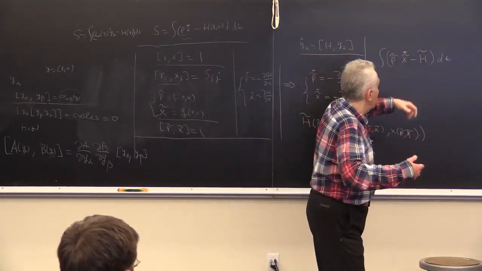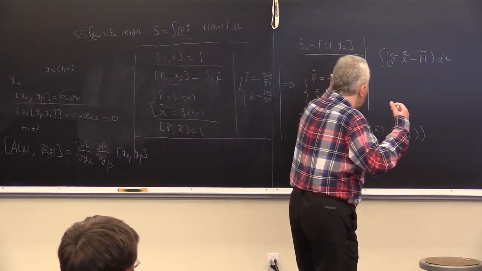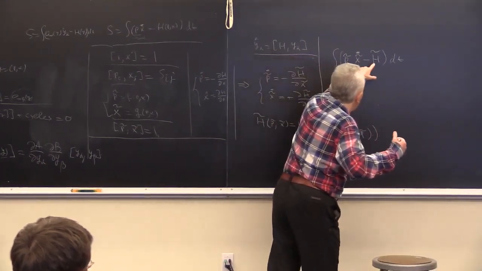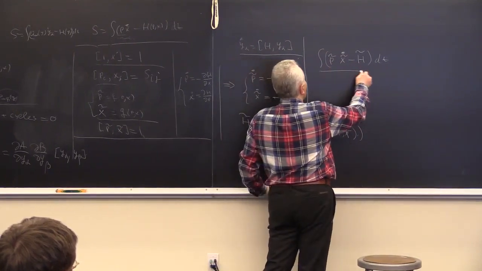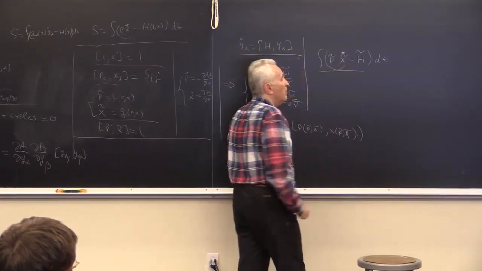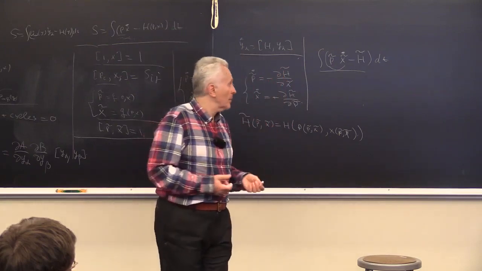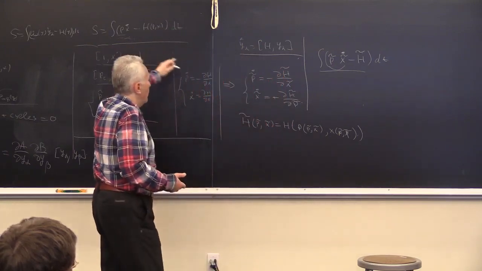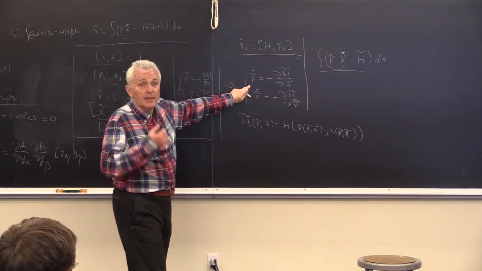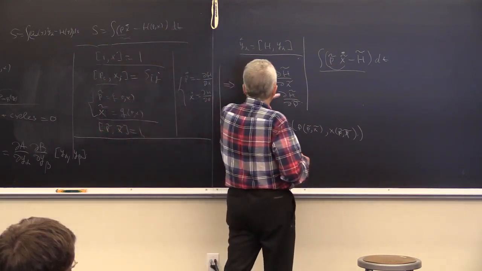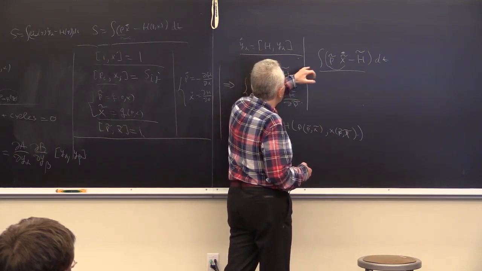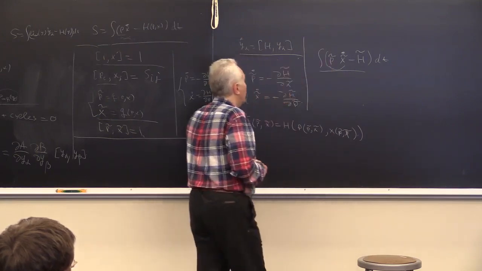Actually, we care; it will be good that it changes under canonical transformations. But the first term must be the same as before. Only then will you get this equation. This structure comes from the first term here.